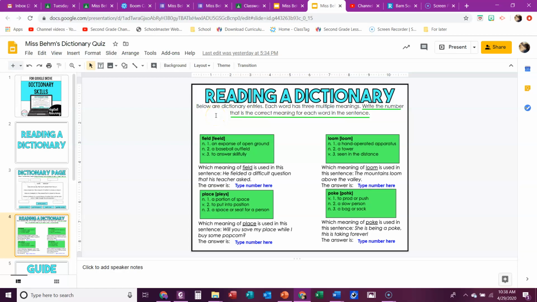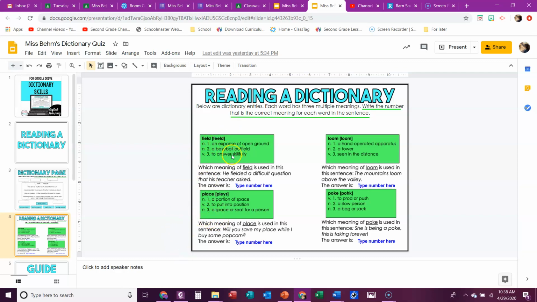Below are dictionary entries. Each word has 3 multiple meanings. Write the number that is the correct meaning for each word in the sentence. So think about, what is a field? Is it an expanse of open ground, a baseball outfield, or to answer skillfully? So which meaning of field is used in this sentence? He fielded a difficult question that his teacher asked.